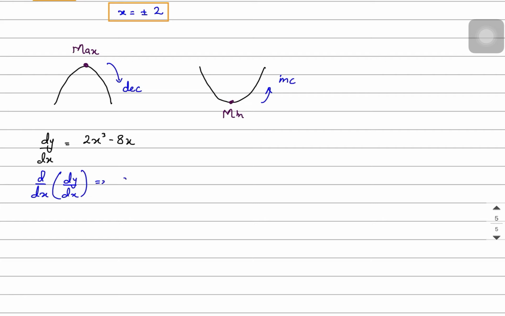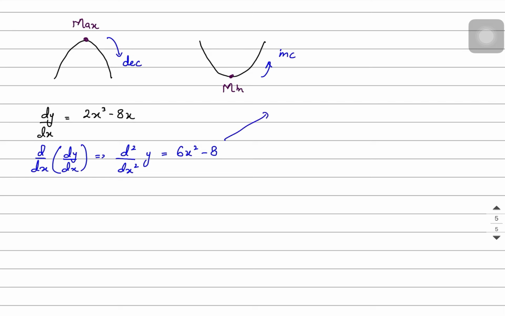We can also write it as d squared y over dx squared. That is the derivative of the derivative. So that is going to be 6x squared minus 8.